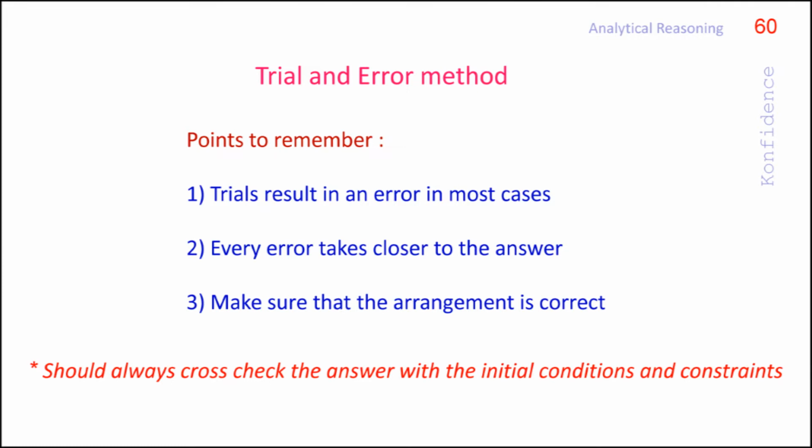If one condition is relaxed in such questions, it may result in multiple arrangements possible. So, please make sure that you check with all initial conditions before you finalize the answer. Do not leave even one condition unchecked.